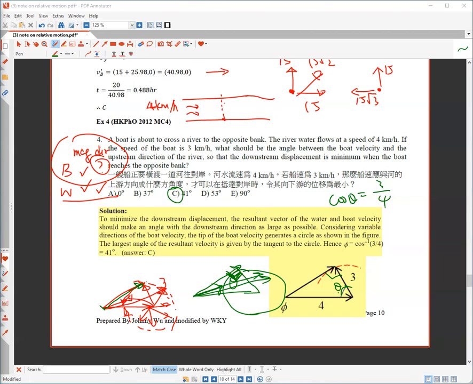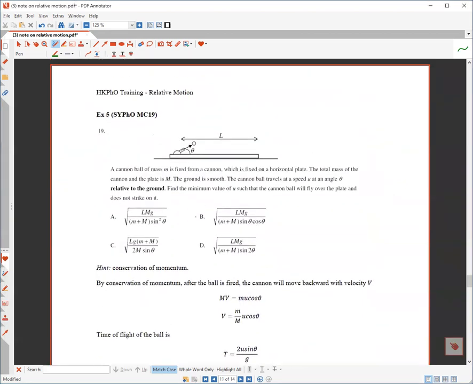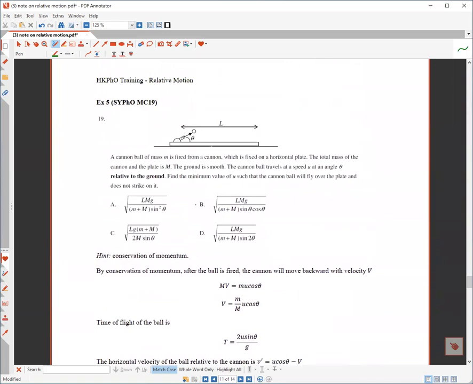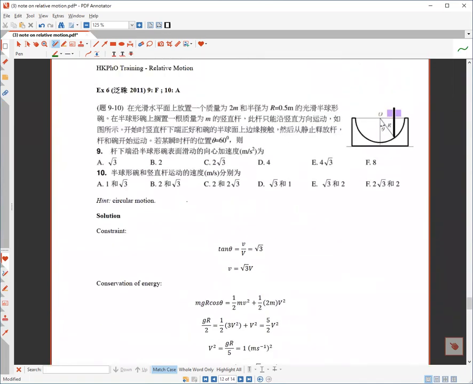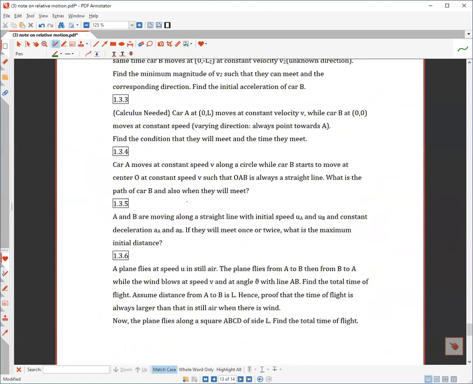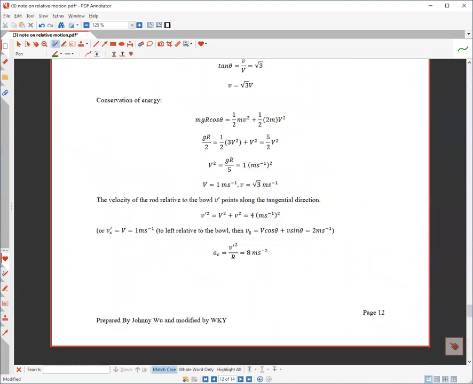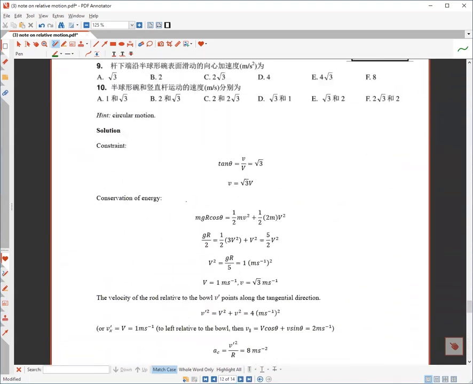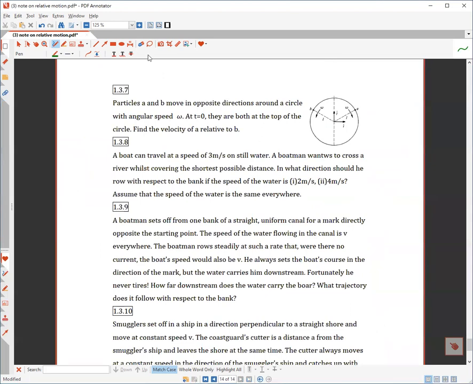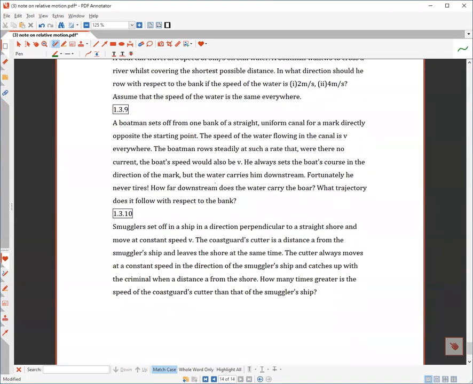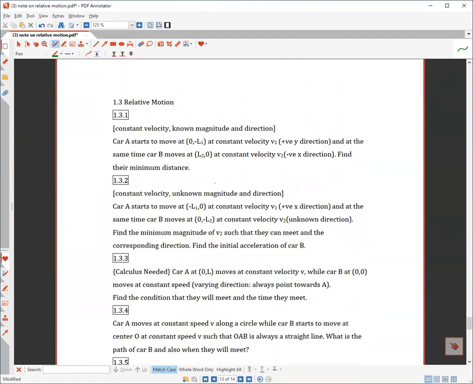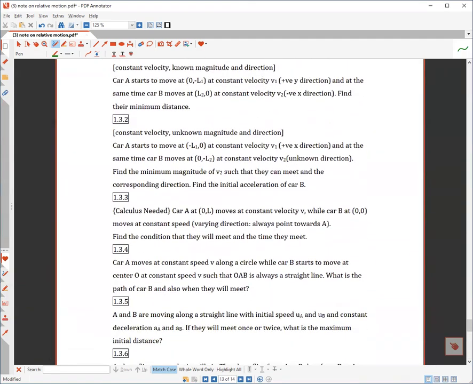I think it's almost the end for this topic now, okay? This one also needs the concept of momentum and also energy. Okay, we finished this topic already. Yeah, so happy.